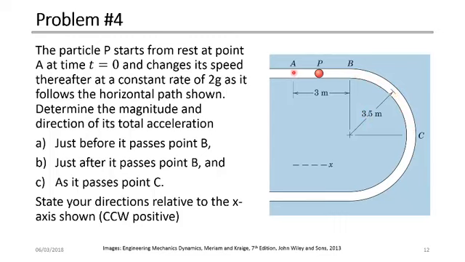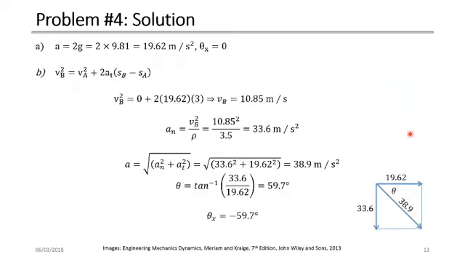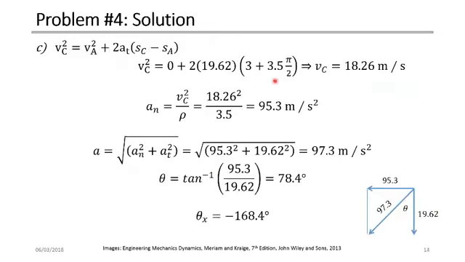So the total distance is 3 meters plus 3.5 multiplied by pi divided by 2. Based on this equation, we get the velocity at C. v_C is 18.26 meters per second.